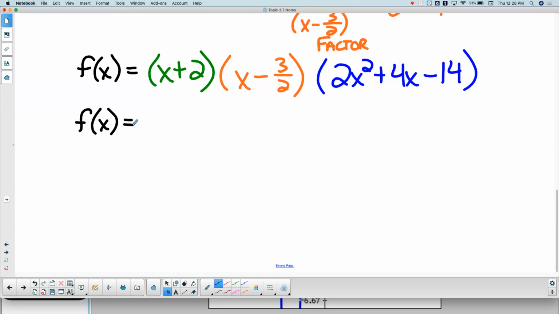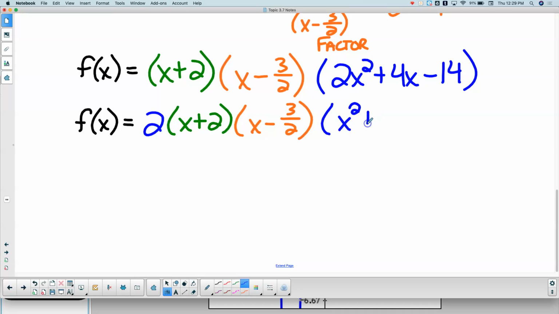Oh, you gotta take a 2 out. Now is it factorable? Two numbers that multiply together to be -7 and add to be +2. Nope. Can't do it anymore. So it's completely factored now.